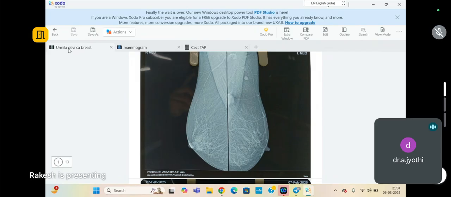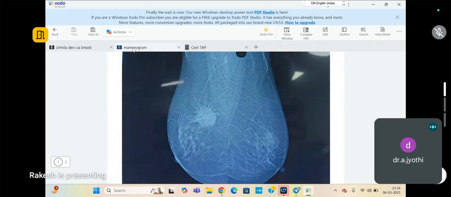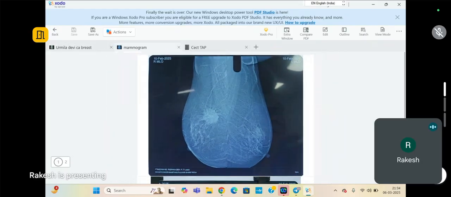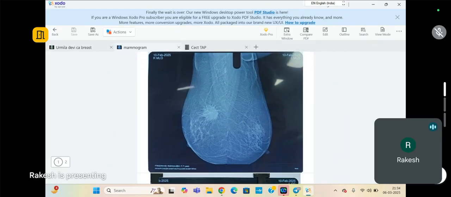How do you read a mammogram? Tell me all the points you want to read in a mammogram. First we will tell about the view, and then you will tell this is a mammogram of a patient aged so and so.